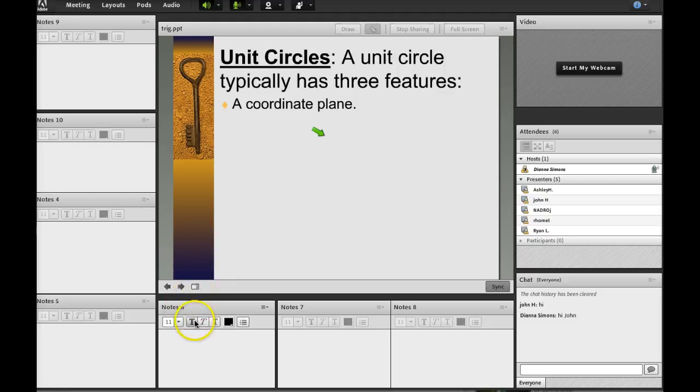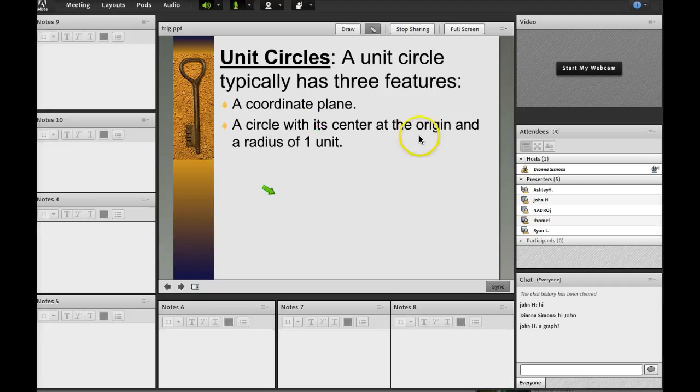Coordinate planes you learned about in quarter 1 of core 1. What's a coordinate plane? Come on, anybody? Yes, it's a graph. It's the XY coordinates.